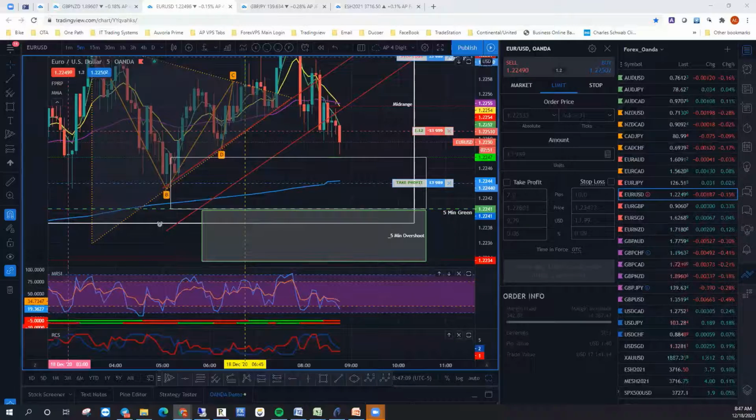We were showing strength on the yen earlier when we were looking at our correlator. Yes, we were. And this is a descending wedge, so that's looking at it trending to the downside.